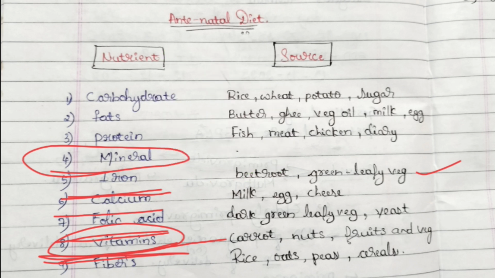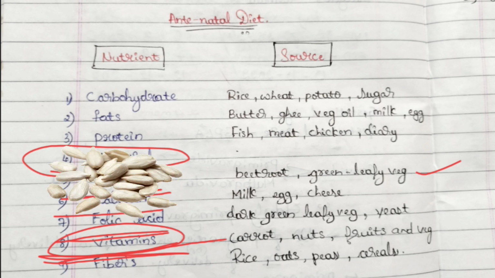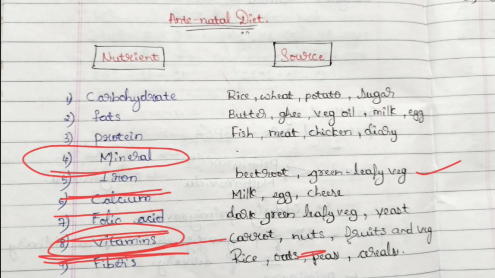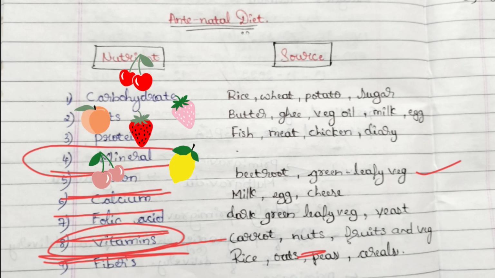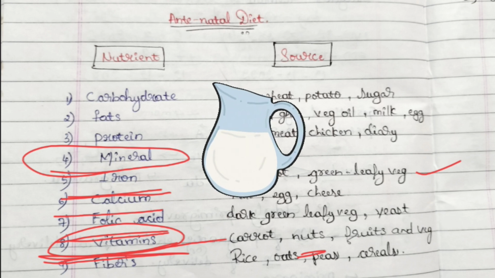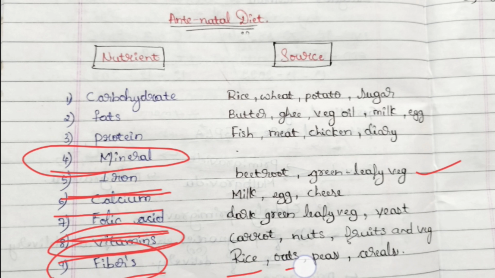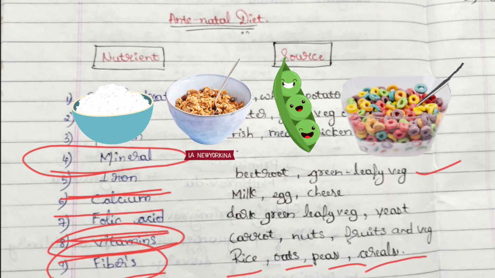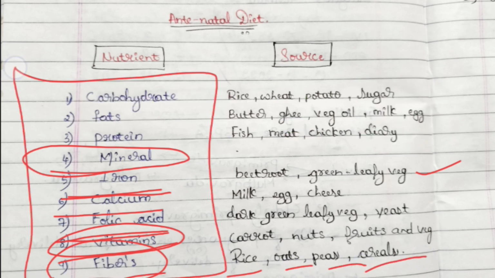If she is lacking vitamin B, she is advised to consume seeds, beans, nuts and all. If she is lacking vitamin C, she is advised to consume more fresh fruits and green leaves. And vitamin D is generally related to calcium, so she is advised to consume lots of milk. And fibers you can find in rice, oats, peas and cereals. These are the sources. This is the basic nutrition required for a pregnant woman.